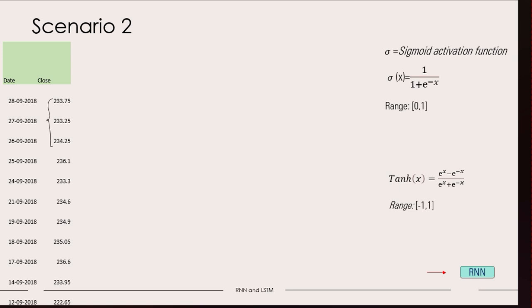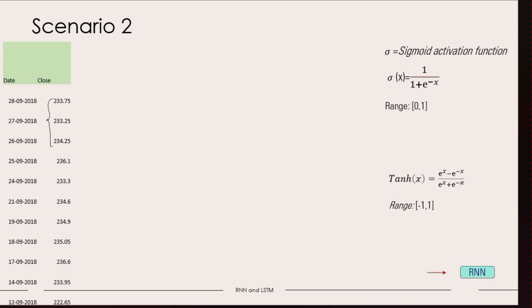Now my problem is, on 28/9/2018 my share price was 233 and I want to predict what the next value is going to be, meaning on the 29th what the share value is going to be, and I am considering the last 3 historical data points.